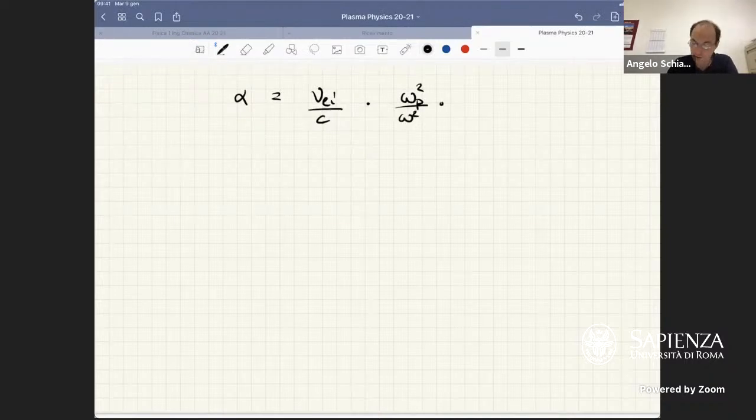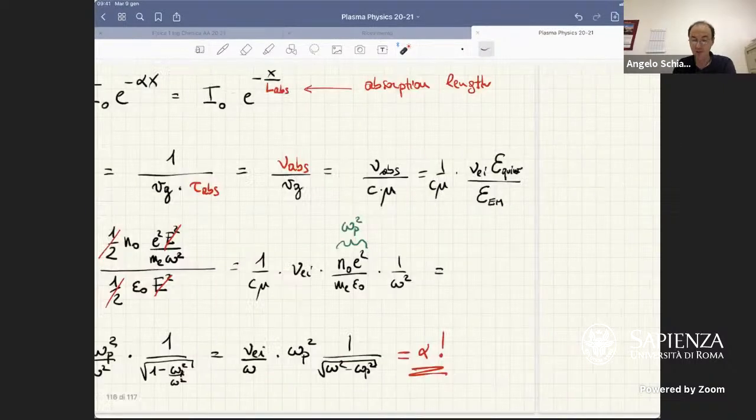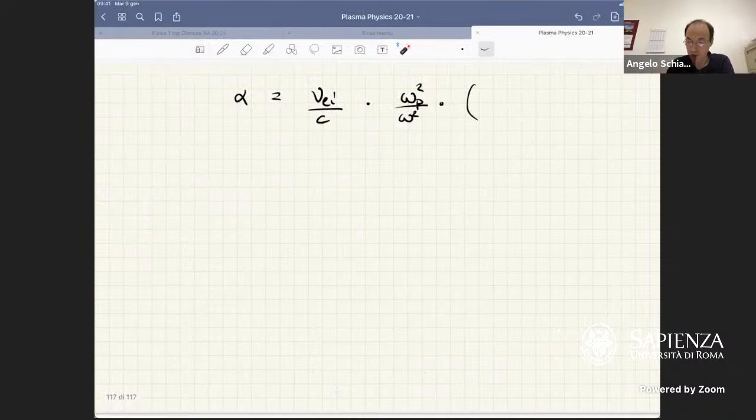And then we have 1 over the square root of this ratio here, which, if you remember, we can express omega_p squared over omega squared as the ratio of electron density to critical density.